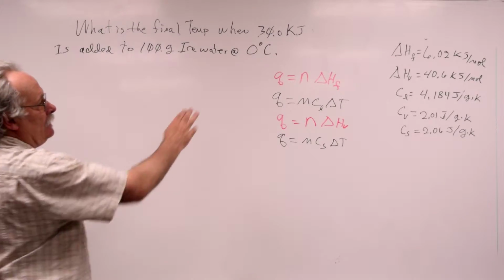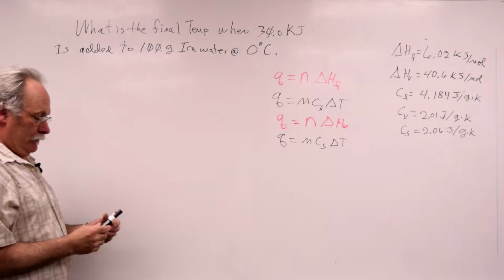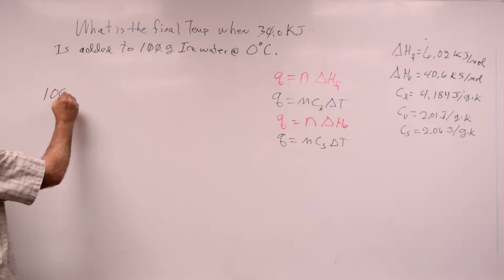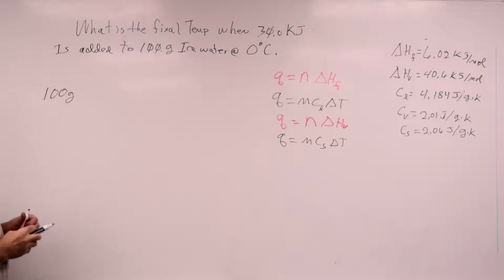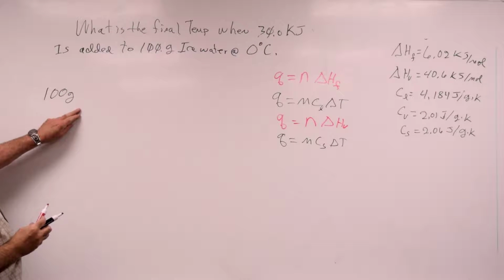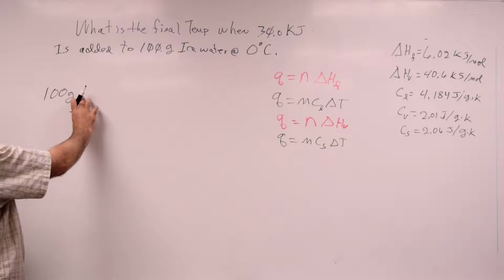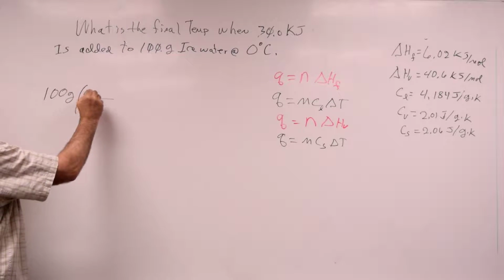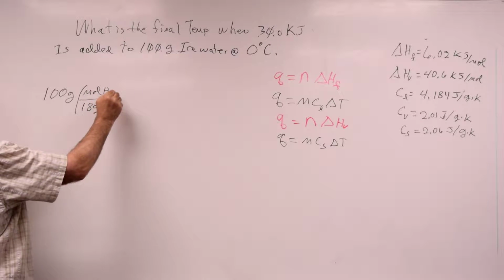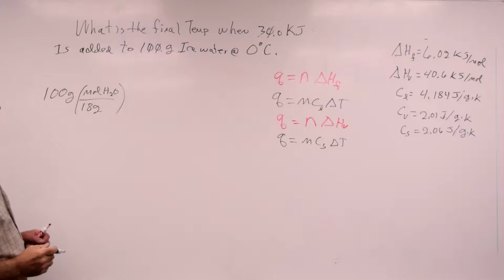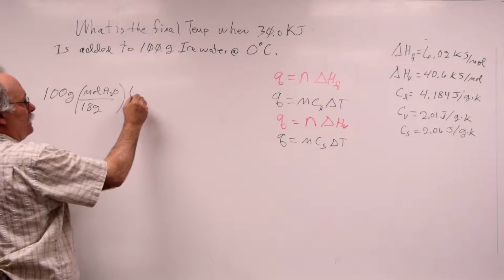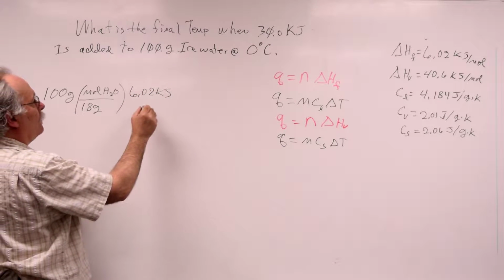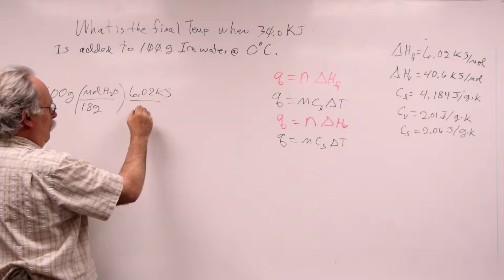So the first thing I need to do is find out how much energy it takes to melt it, okay? So I take my 100 grams, and I know that each mole of H2O is 18 grams. And I know that the enthalpy of fusion is 6.02 kilojoules per mole.